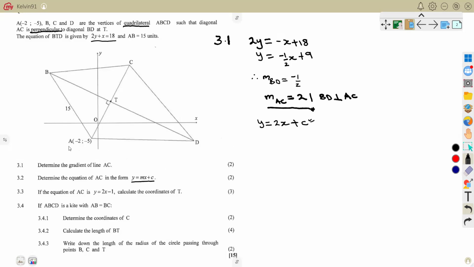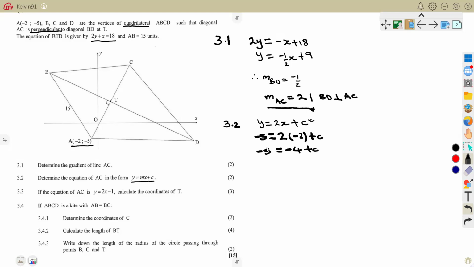Then we need a point to determine the value of c. So we are going to take the point that we are given, the point A there. Where there is y, we are going to substitute negative 5, being equal to 2, and where there is x, we are going to put negative 2, plus c. So negative 5 is equal to negative 4 plus c.